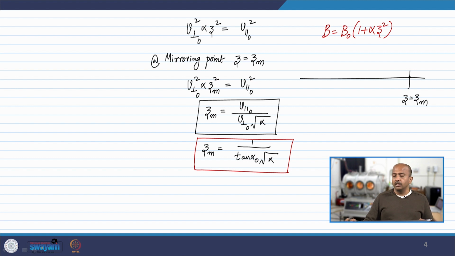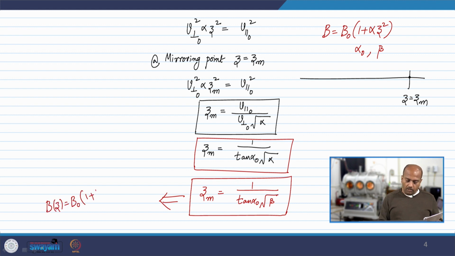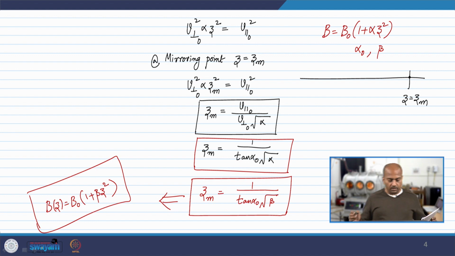So, it would have been convenient if we had written the pitch angle as alpha naught and this constant as beta, just to avoid confusion. I can write it as 1 by tan alpha naught into square root of beta. This is the mirroring point. Now, beta is just a constant. So, this formula will be valid if the magnetic field Bz is written as B naught times 1 plus beta z square, as simple as that, right.